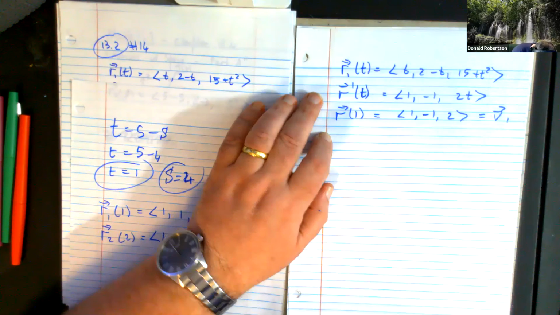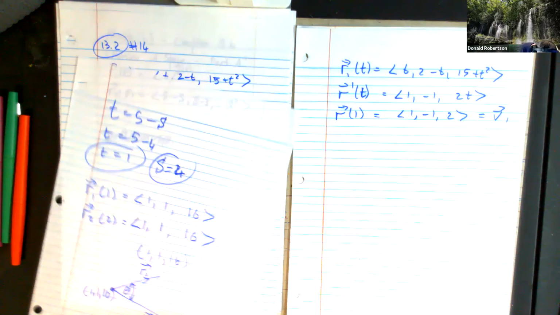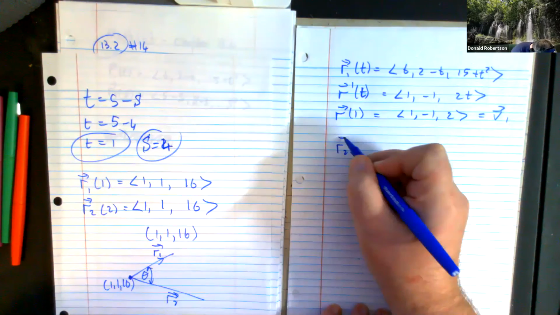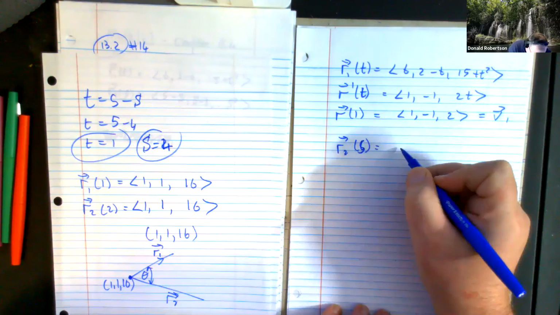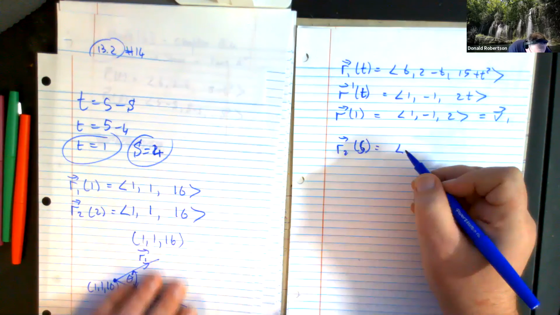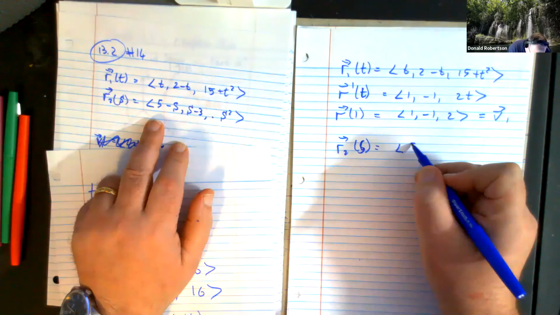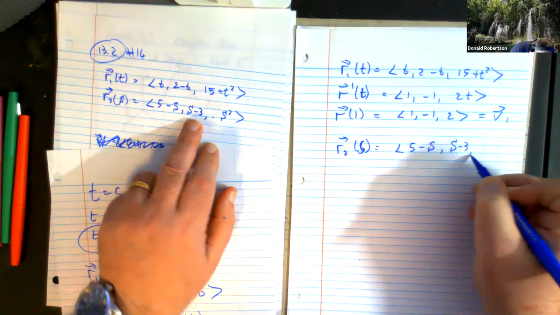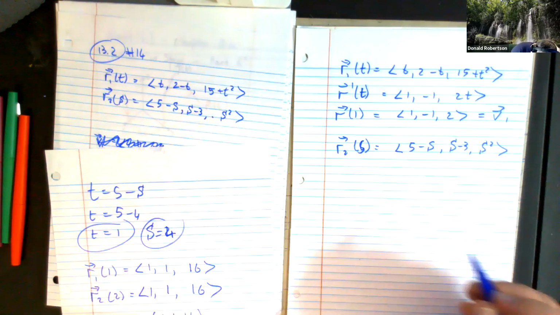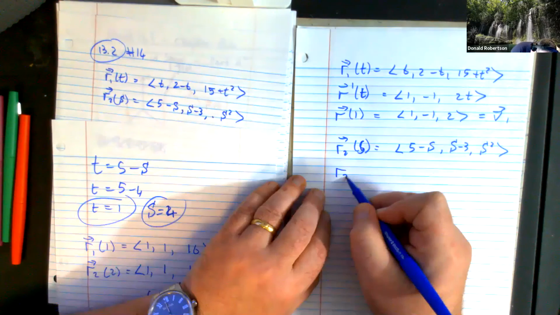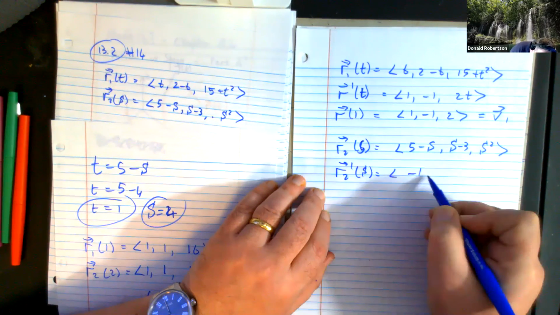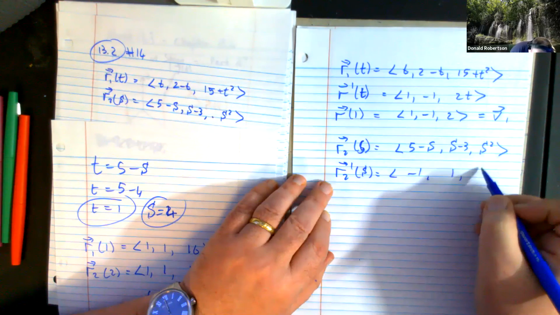Now, if you go for the second guy, oops, this is an s here, and he happens to be 5 take away s, s take away 3, and s squared. If I find his derivative, I get negative 1, 1, and 2s.